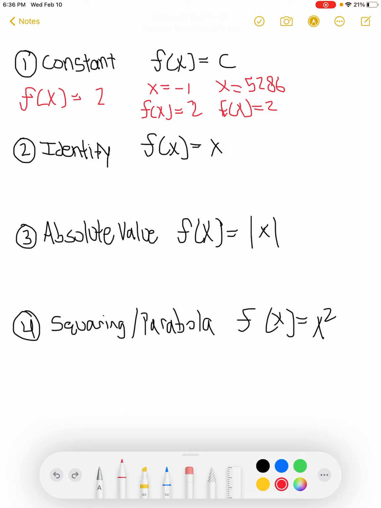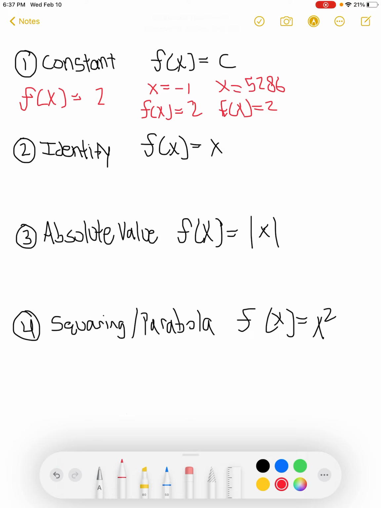So this is kind of a linear function, because remember, y equals mx plus b. If you remember that equation, the b would just have to be 0 in this case, and then there is no m. It's just really 1, and that just goes down to just x. So this is basically a linear function that you learned, but it just means that everything is going to be equal to each other.